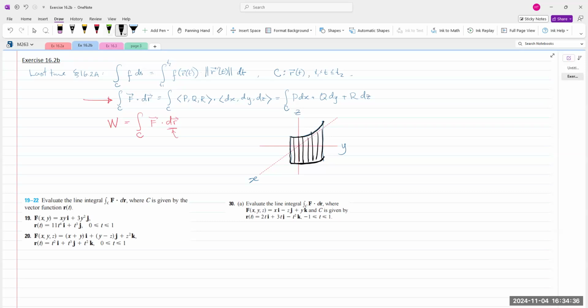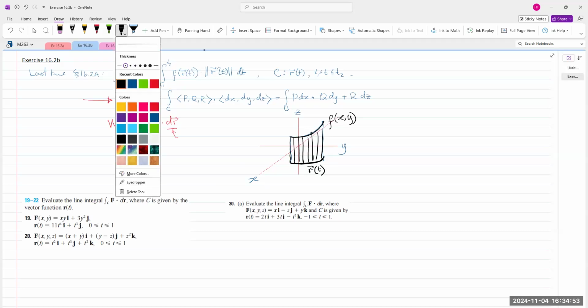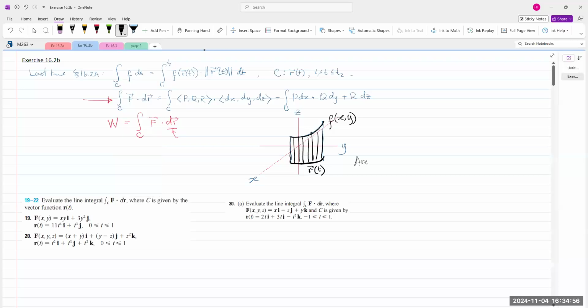Now the curve at the bottom here is our r(t). The height is given to us by f(x,y). You will see that the curtain area, the area of the lateral surface, is basically the integral over the curve C of f(x,y) ds.